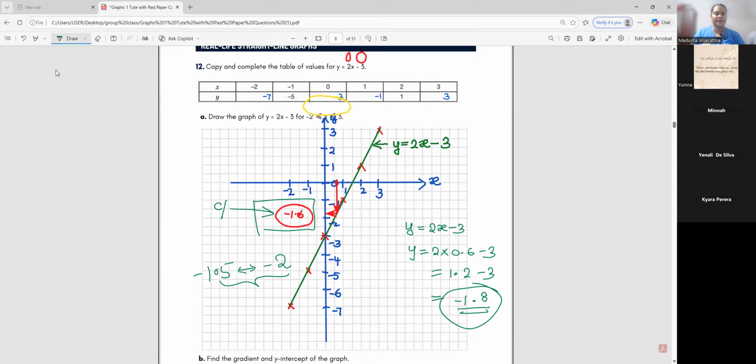Real value is minus 1.8. We'll go to the next one.